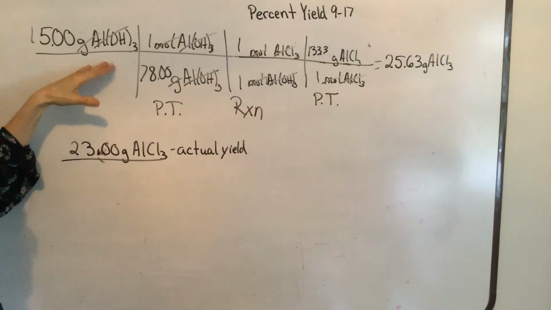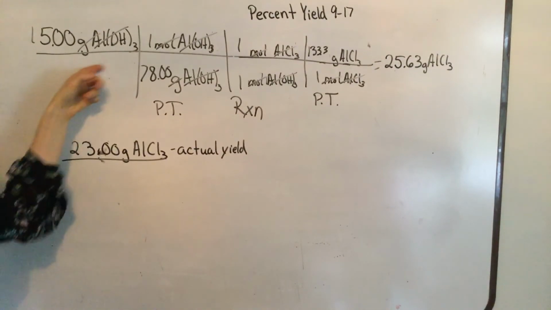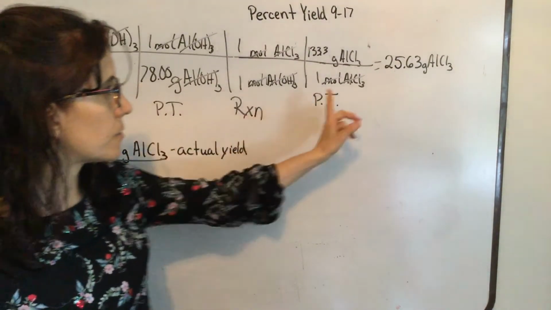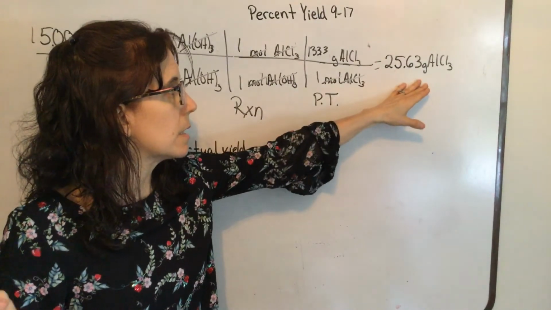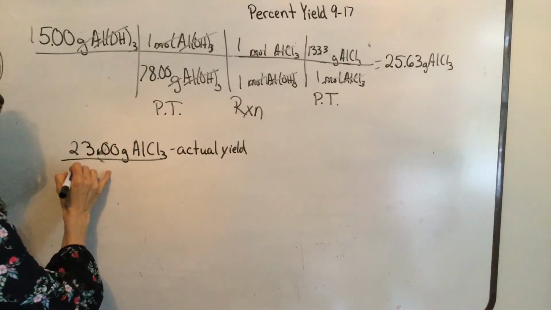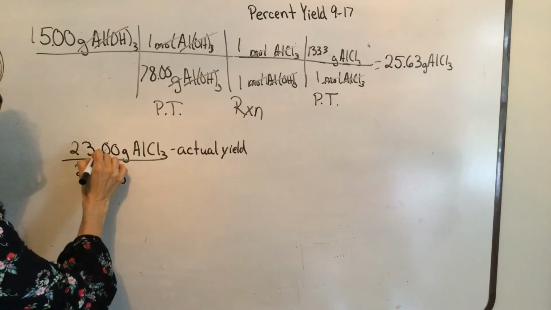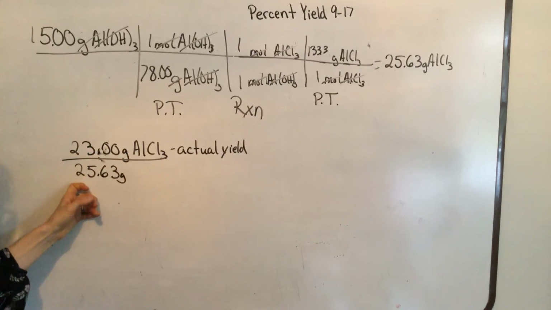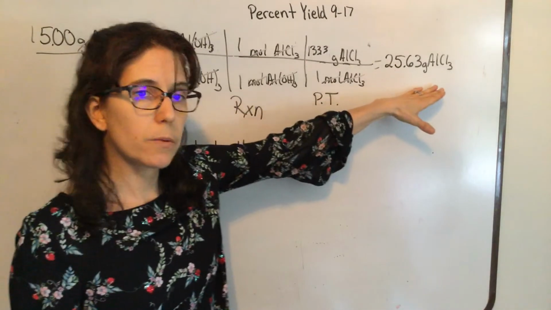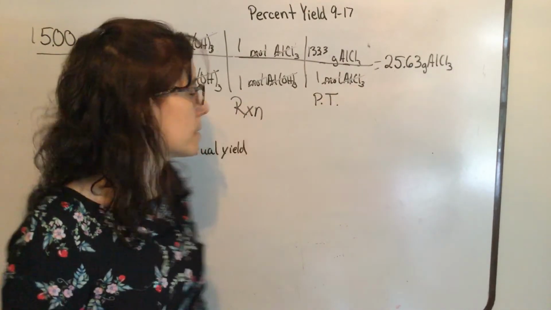If the aluminum hydroxide got 100% on its reaction, and it all converted, then it would come out to 25.63. All right, but it didn't. Okay, it was able to get 23 grams.